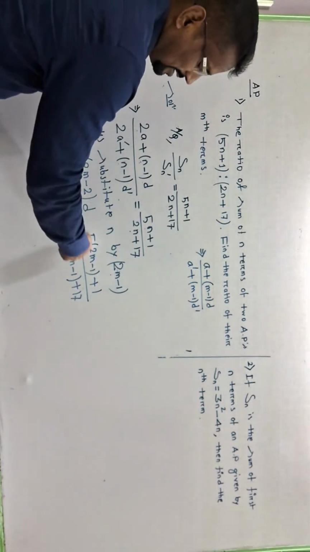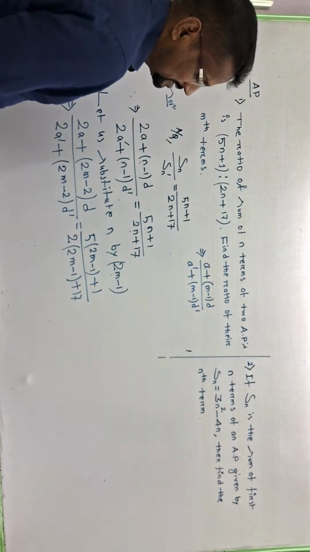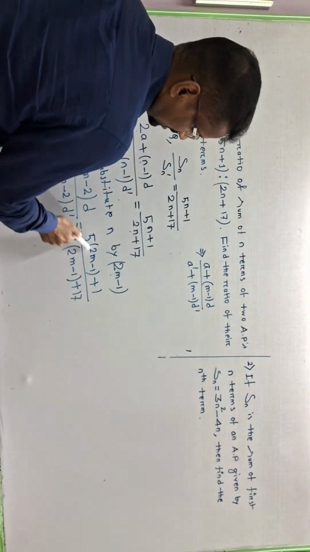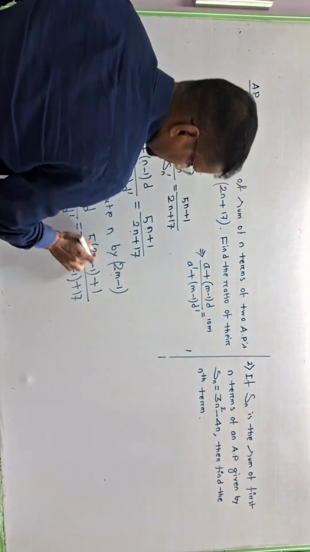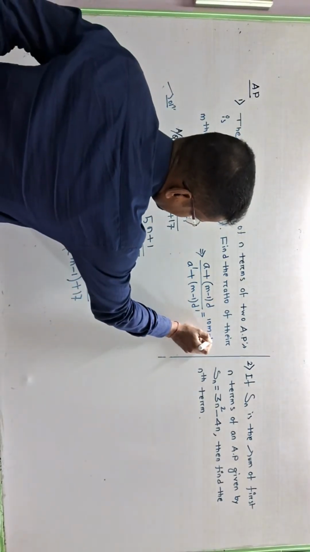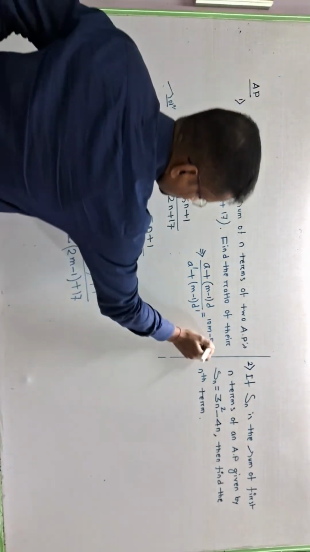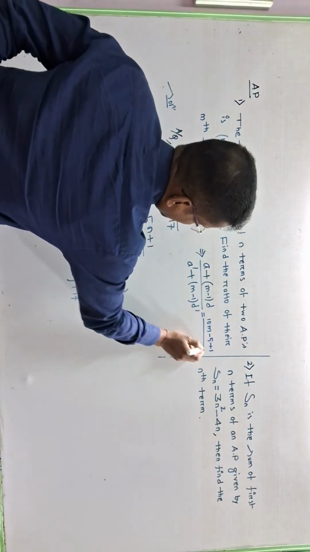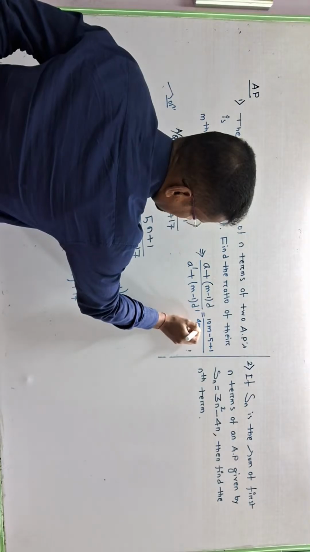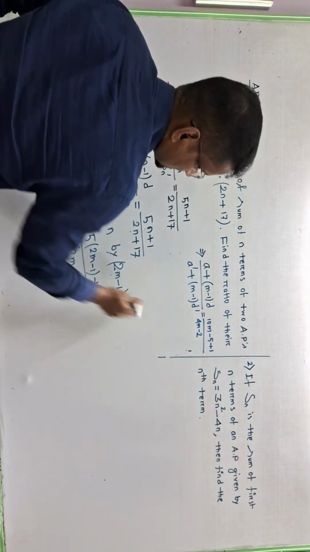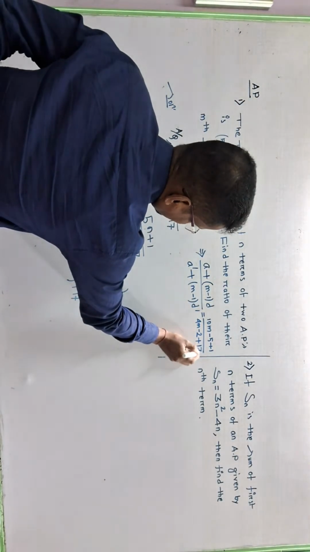And on the right hand side, that will be 10m minus 5 plus 1, divided by 4m minus 2 plus 17.